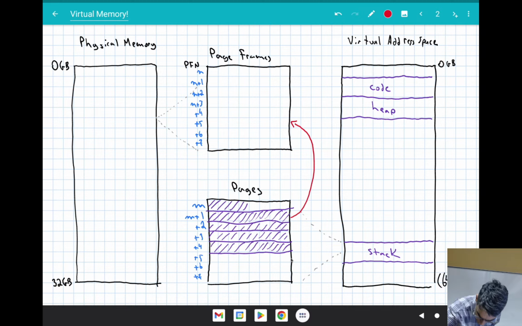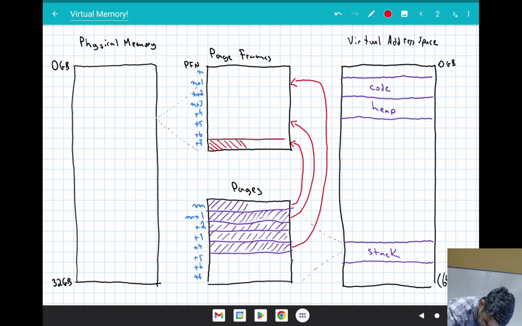And page M plus 4 might be allocated to page frame N plus 1. Each page will go into a different page frame somewhere in physical memory. Page M, we're going to say, is here in page plus 7. It's only going to be allocated to the halfway point here, and these other ones that we've got will be allocated fully.